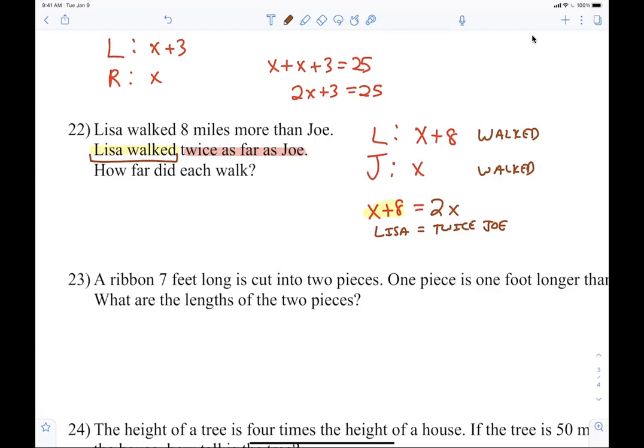Why is it 2 divided by x? I mean, x by 2. Lisa, watch this. This will help you. Lisa is twice Joe. Yeah, but I'm not sure why you want to divide.